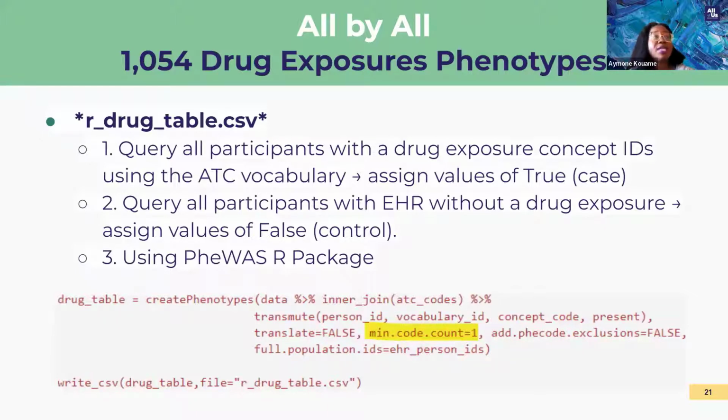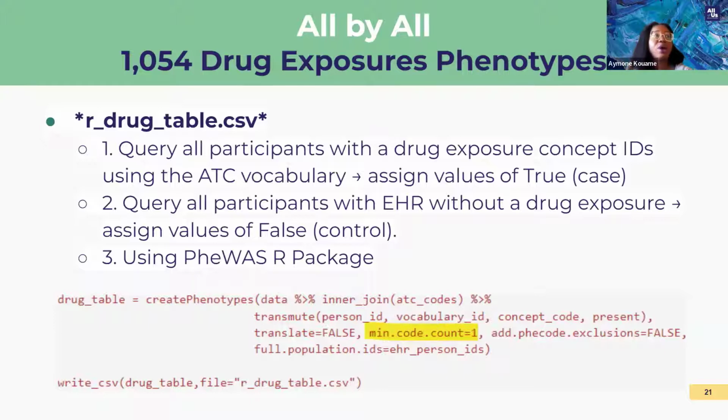The way that was queried is that we first queried all participants with any drug exposure concept code using the ATC vocabulary, and those were the cases. So we would assign the value true or case to these people. And then we queried all participants with EHR data that didn't have any of these drug exposures. Those would be our controls.